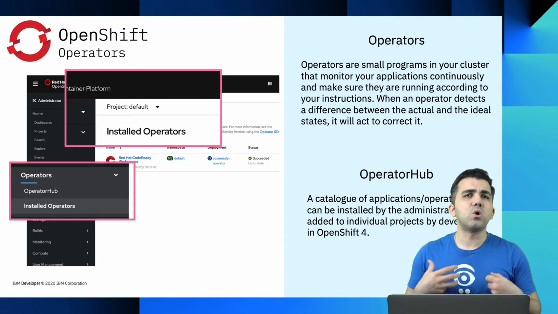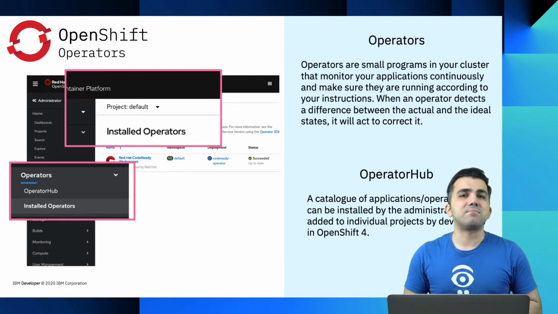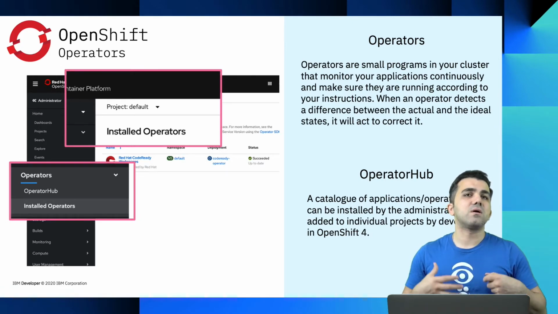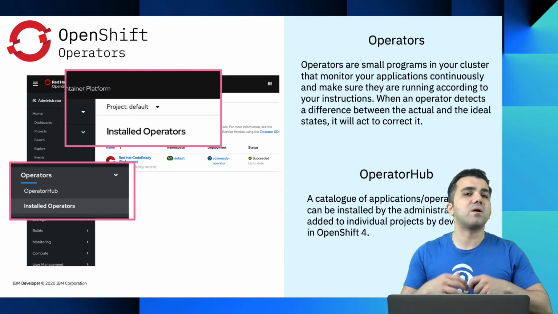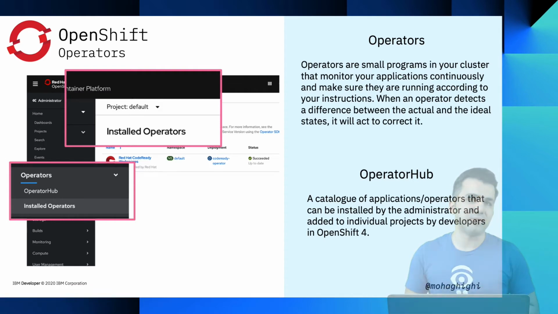Controller is a core concept in Kubernetes and is implemented as a software loop that runs continuously on the Kubernetes master node. An operator within OpenShift is essentially a custom controller. The operator is a piece of software running in a pod on the cluster, interacting with the Kubernetes API server.